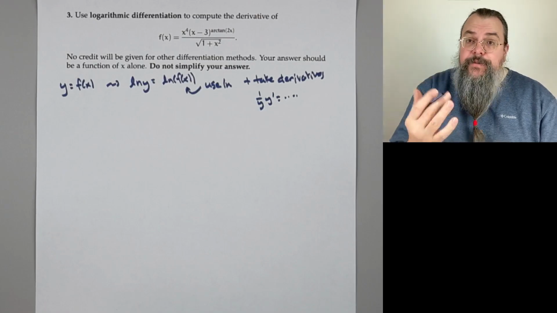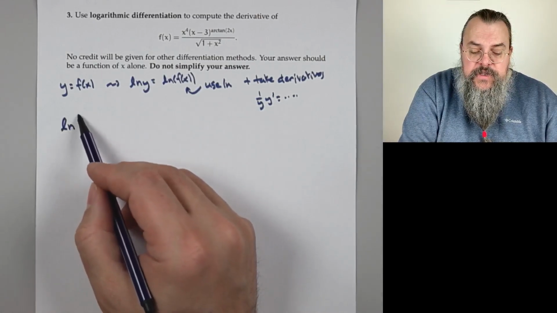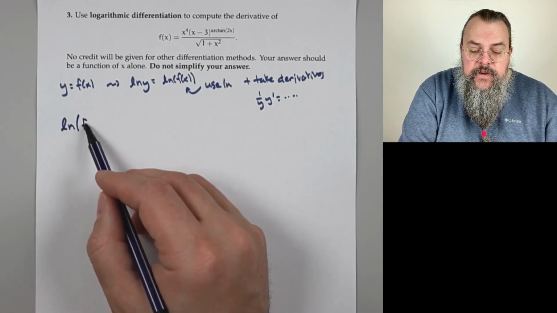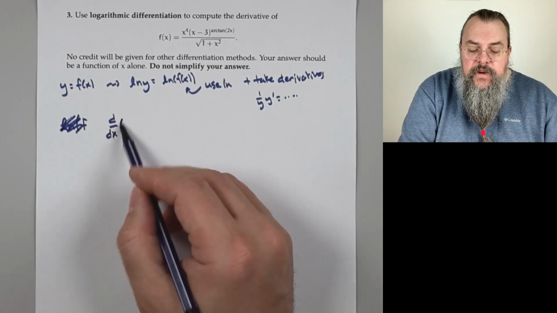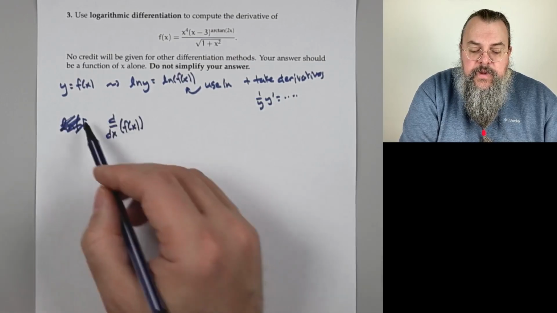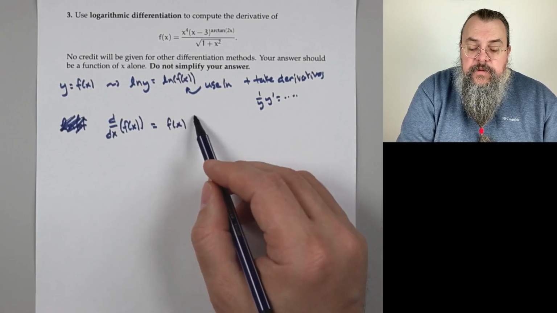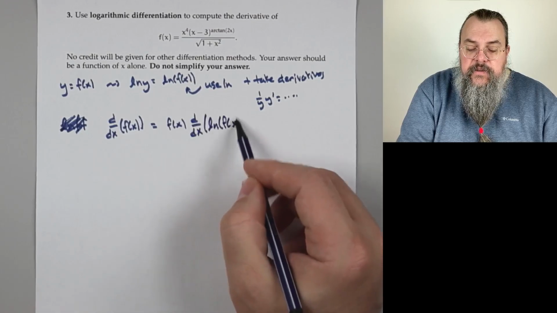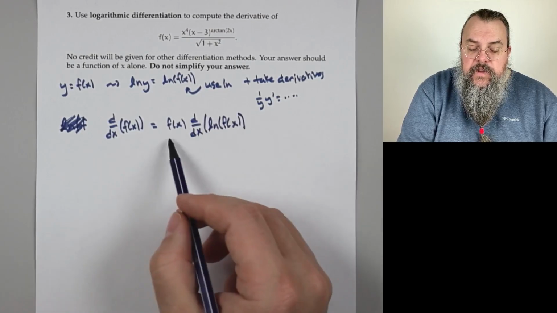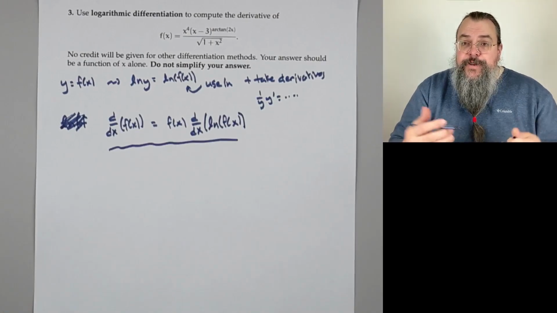I just remember it in the following way. The way I remember logarithmic differentiation is to say, the derivative of f of x is equal to f of x times the derivative of the natural log of f of x. And so this is my way to think about logarithmic differentiation.